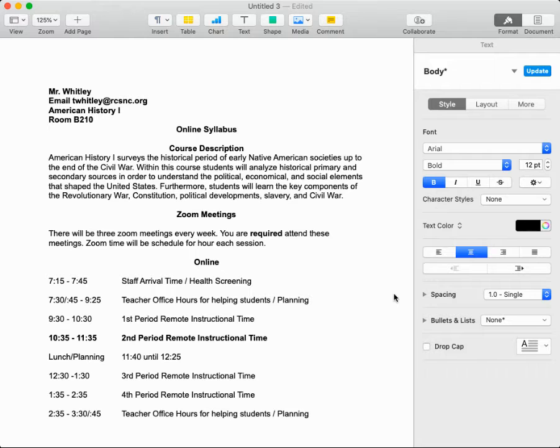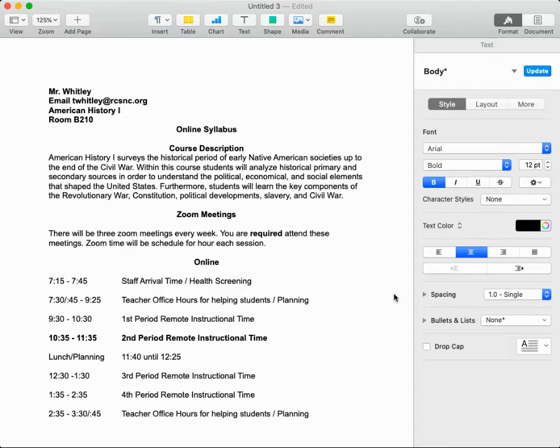Room number, all those sorts of things. And then the class description. So in American History 1, we survey the historical period of early Native American societies up to the end of the Civil War. In this course, students will analyze historical, primary, and secondary sources in order to understand the political, economic, and social elements that shape United States history.